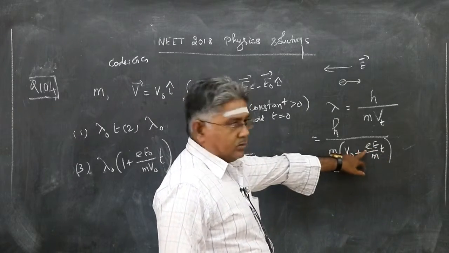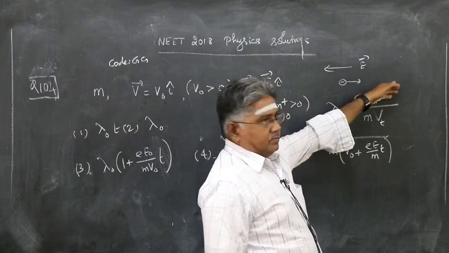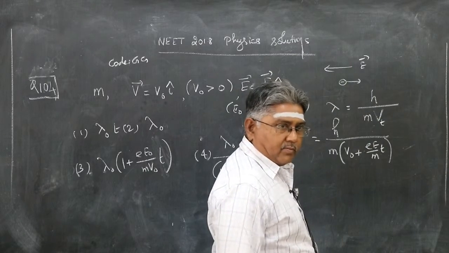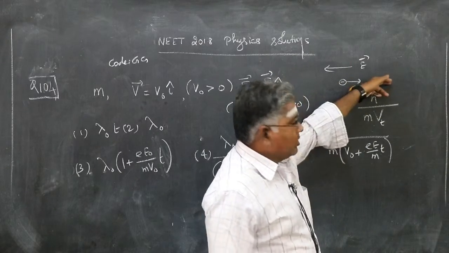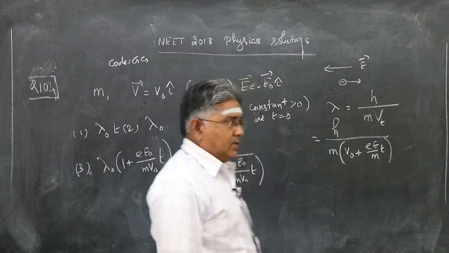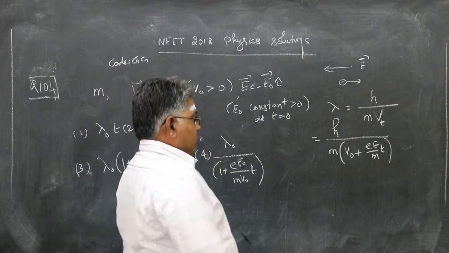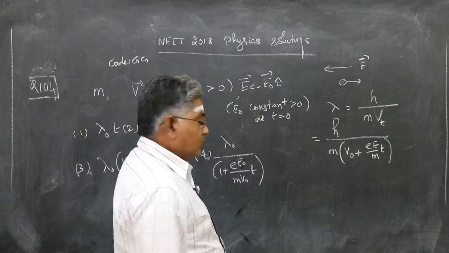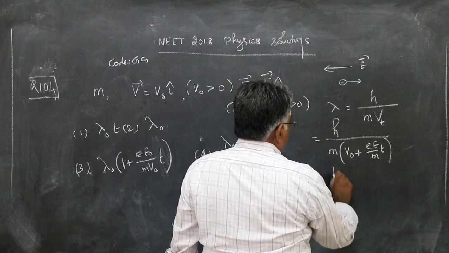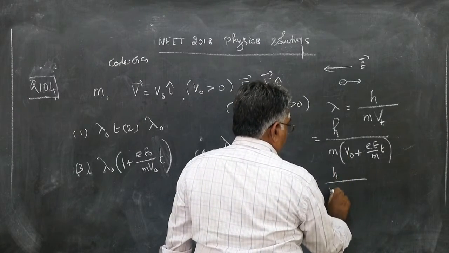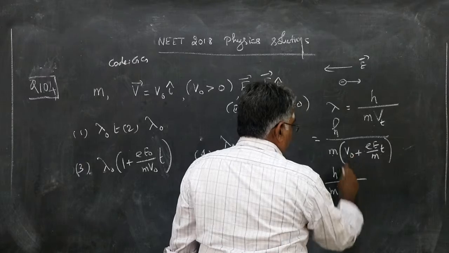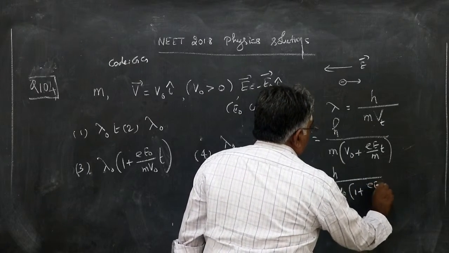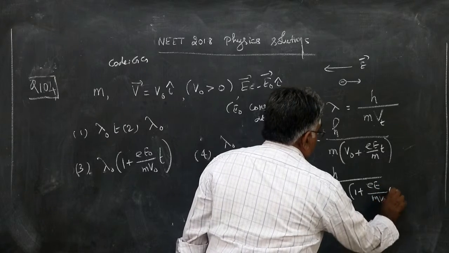You don't have to put minus e because we took this direction and it will accelerate in this direction. It accelerates along the negative direction of the electric field, so the speed will only increase. After this, h by m v naught, take that v naught outside, 1 plus E by m v naught t.